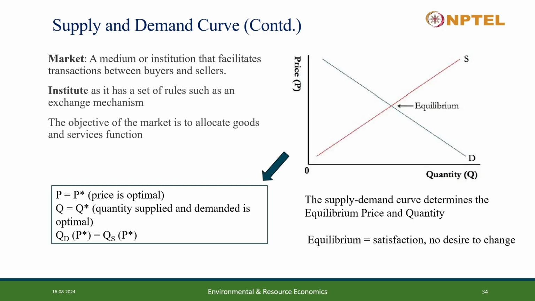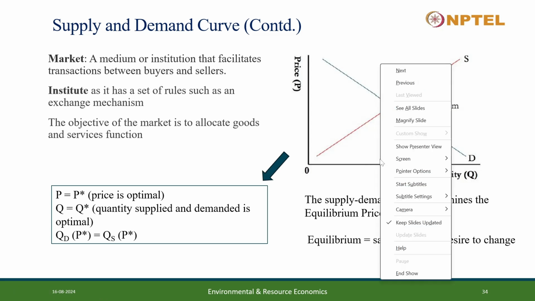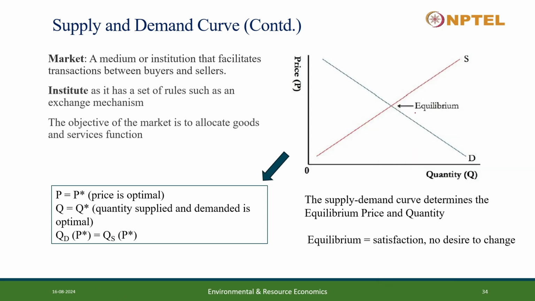Okay. So now what will be the optimal goods and services which are being allocated? This S is my supply curve and D is my demand curve. So the optimality is obtained at the point where the supply curve and demand curve meet.